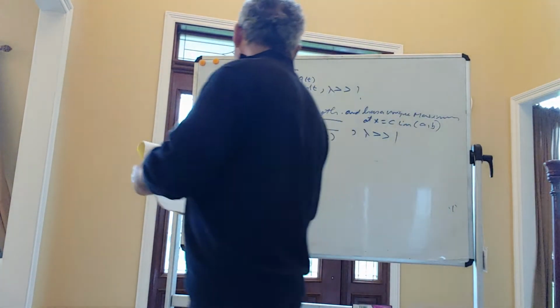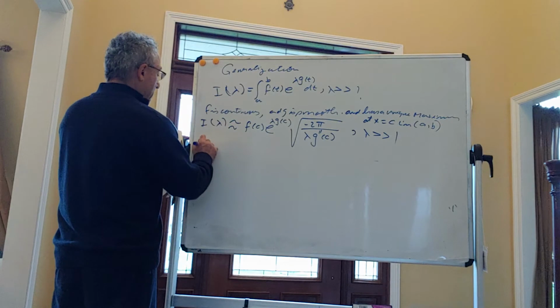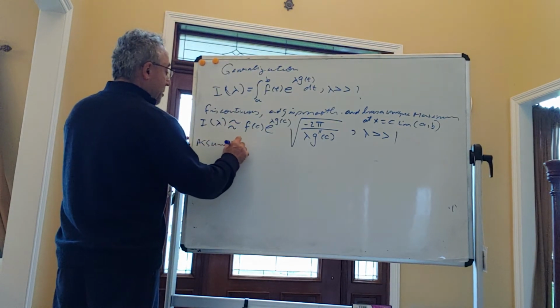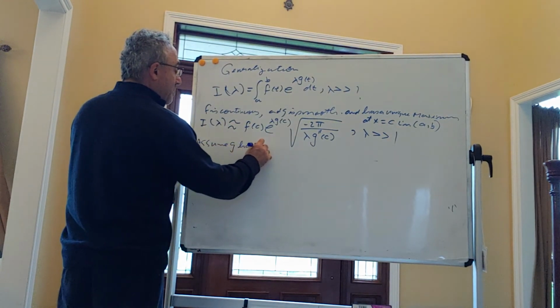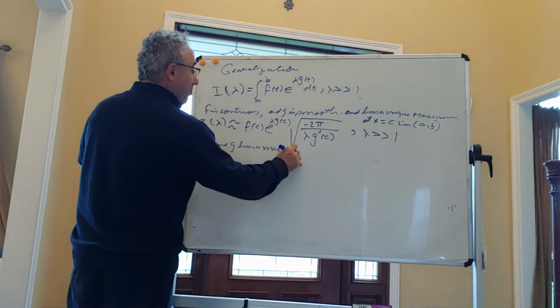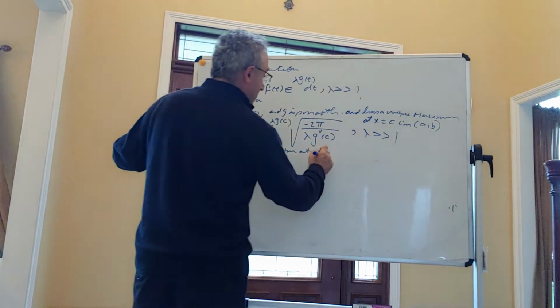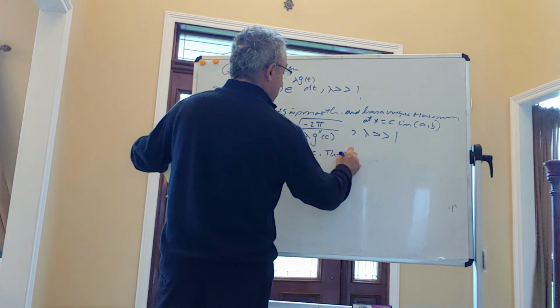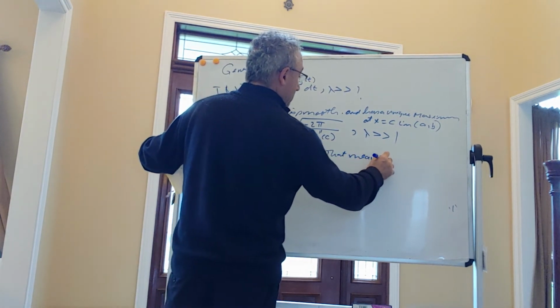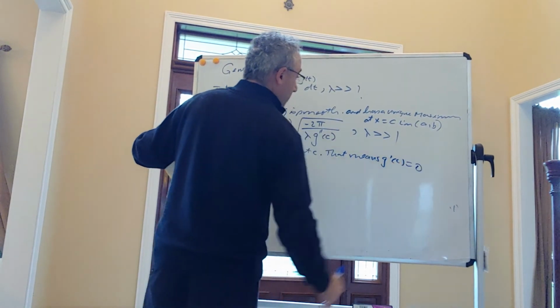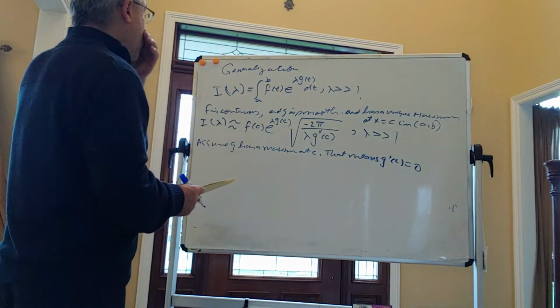So let's assume g has a maximum at c. That means g prime of c is 0. Of course, you remember that.